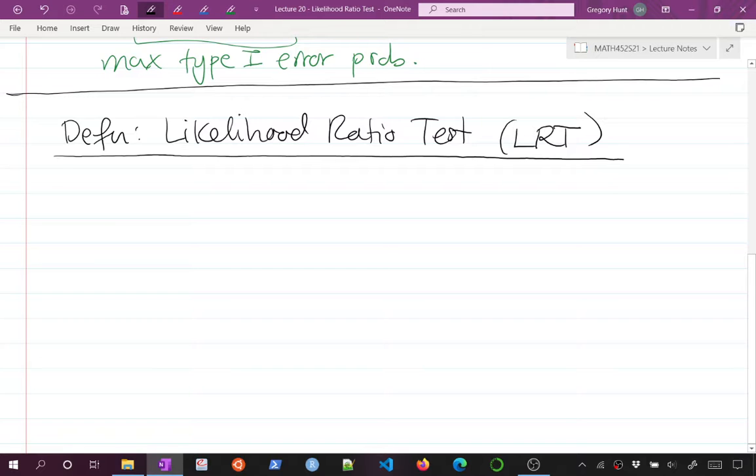So the LRT is going to be one general form of hypothesis test. And it turns out these likelihood ratio tests, I'll give you the punchline up front, are often very good tests, and we'll talk about exactly what good means. And they are often tests that we are familiar with.